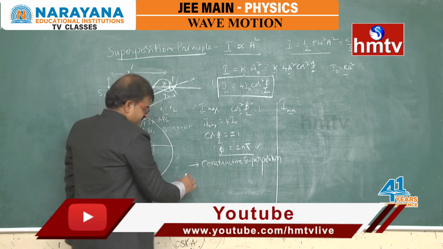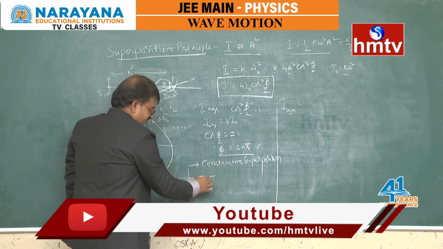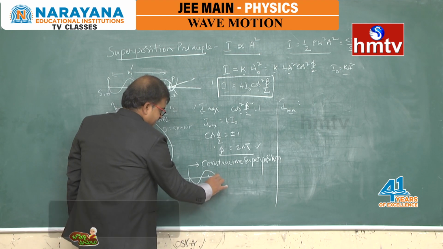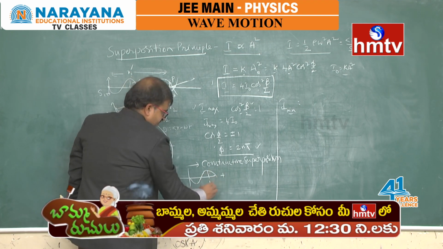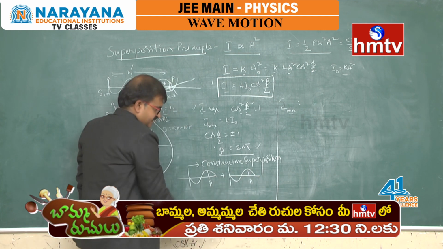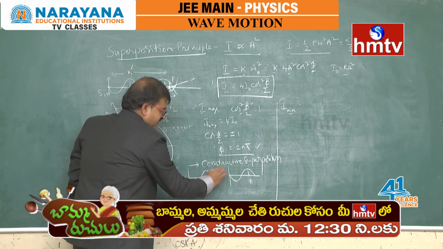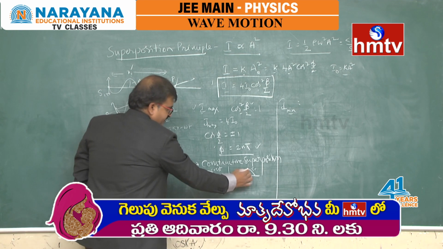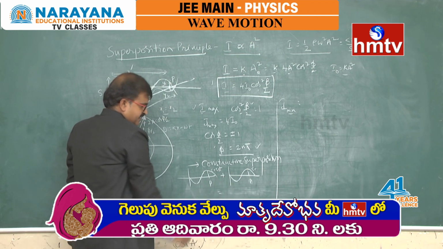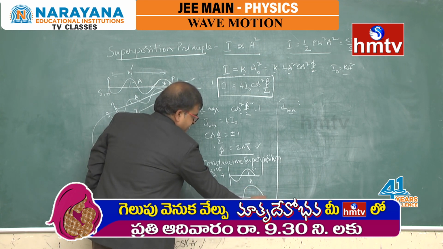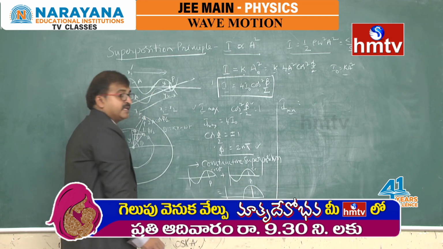Such a type of superposition of waves is said to be constructive superposition. The first wave reaches a particular point, and the second one also reaches the same point in such a way that crest falls on crest, resulting in maximum amplitude, and hence the intensity will be maximum.